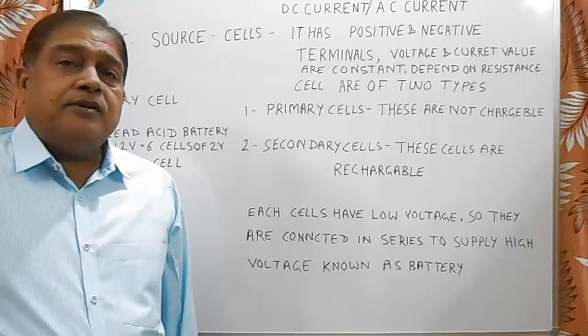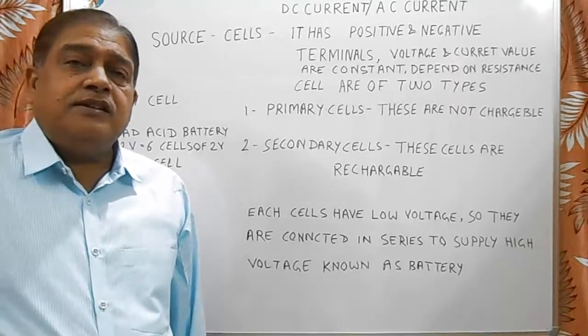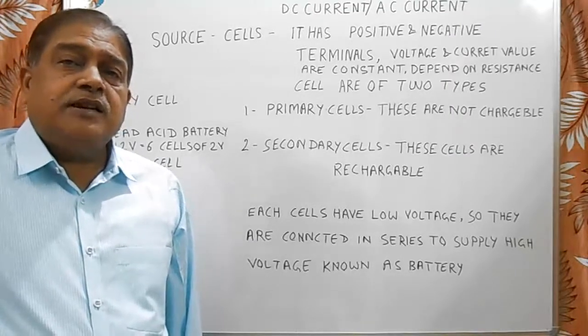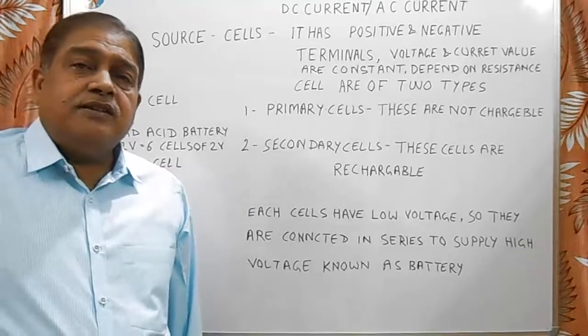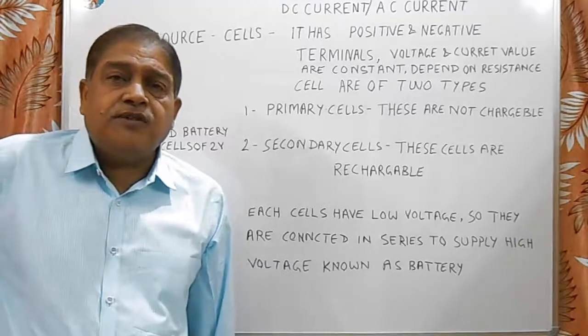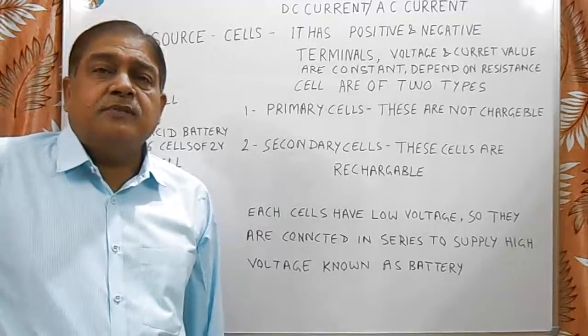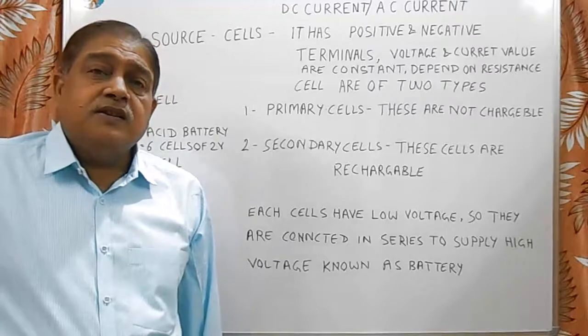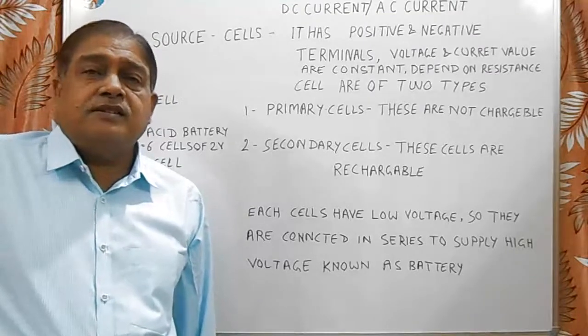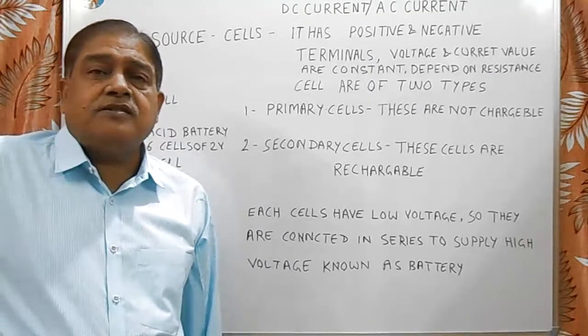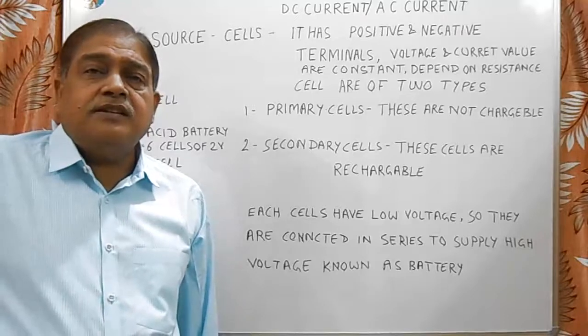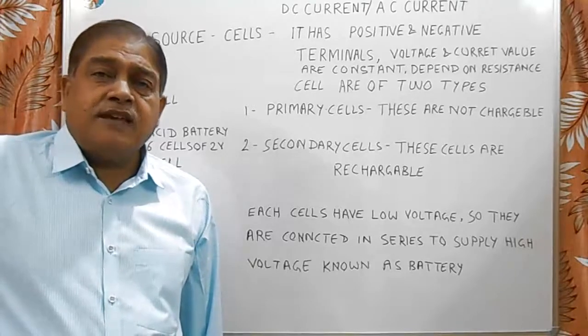The main objective of understanding DC current is to understand what AC is. In DC, current flows in only one direction and generally has constant values that depend upon voltage and resistance. But in case of AC, the value of voltage is continuously changing and it alternates in every cycle.